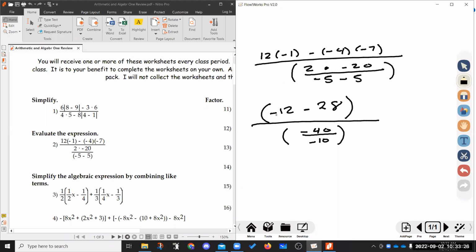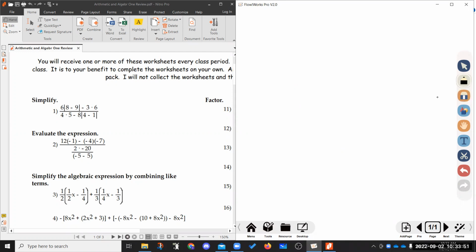Now we have -12 minus 28. It's going to give me a -40 over my divide here. I get a +4. 4 goes into -40 -10 times. There's other ways that you could do that correctly, but that works.